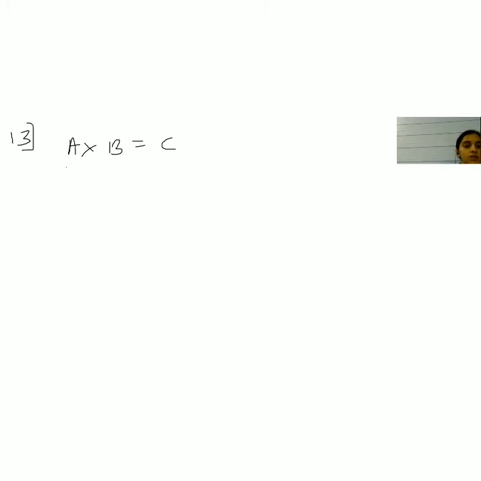First I will multiply both sides by A inverse. So A inverse A X B is equal to A inverse C. Okay, A inverse A is I, so I X B is equal to A inverse C. What is I into X? It is XB only.